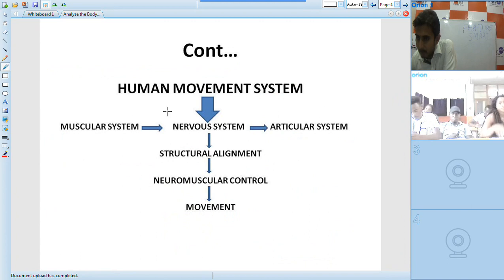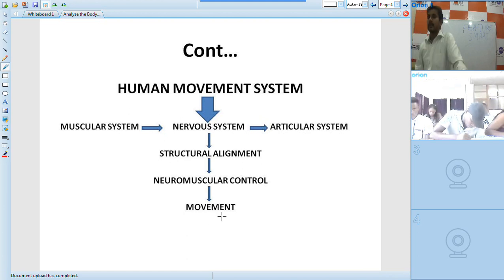The human movement system is composed like this. It comes to the muscular system, the nervous system, the articular system, the structural alignment, neuromuscular control, and the movement. Each and every system is connected with each other part of our body.